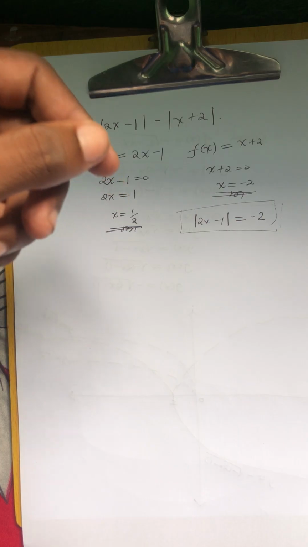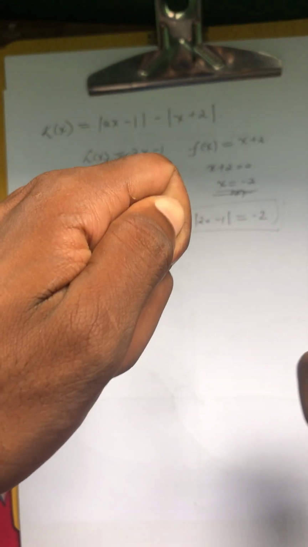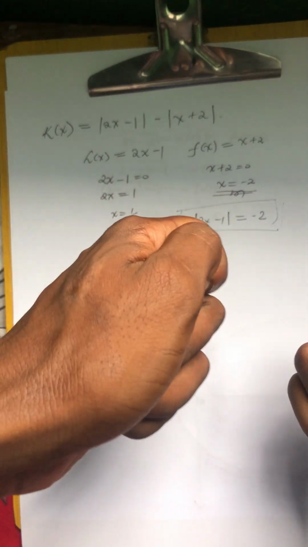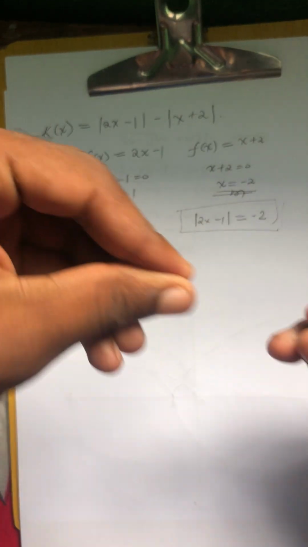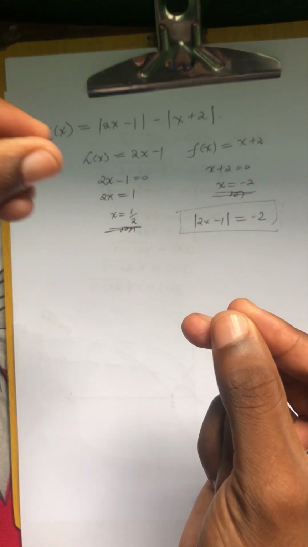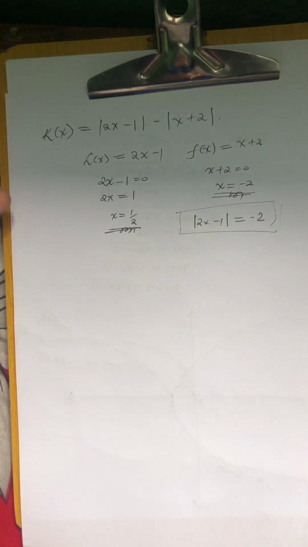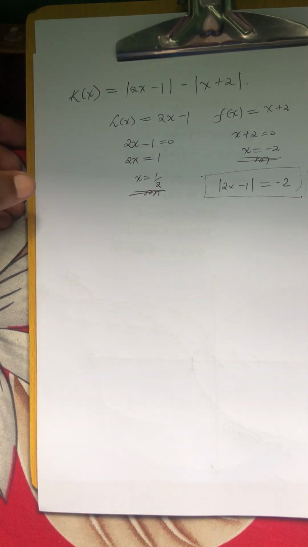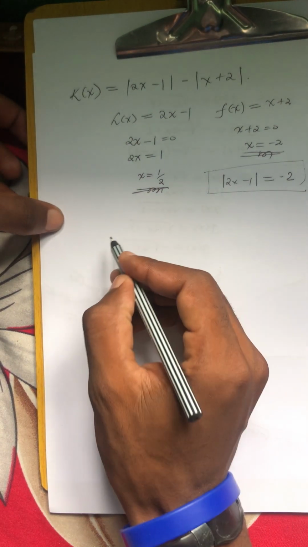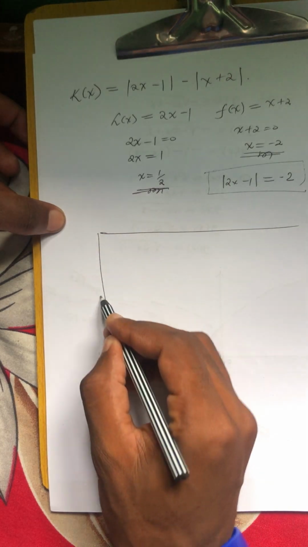All right. Then from there, since we have found the breaking point, and since a modulus is always positive, we want to see where the graph will give us the negatives, and we manipulate them to be positives. So we'll draw the sign graph like this.